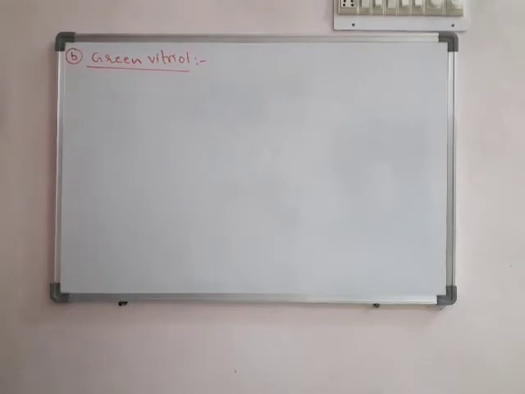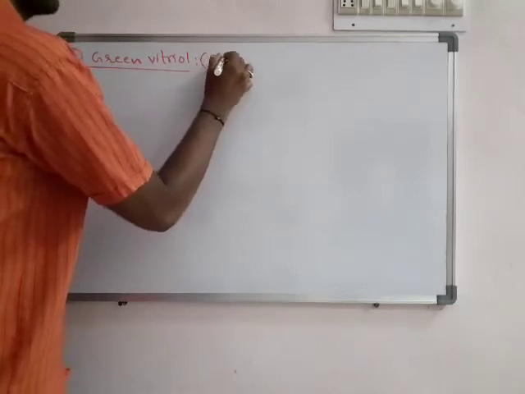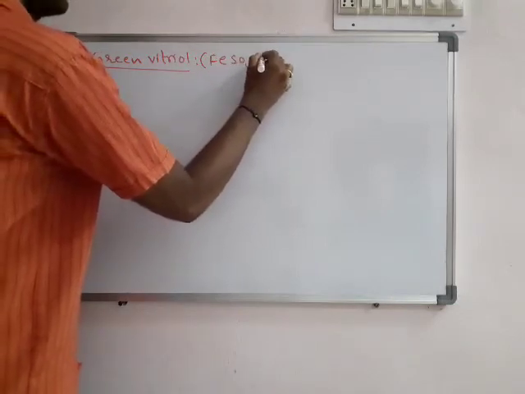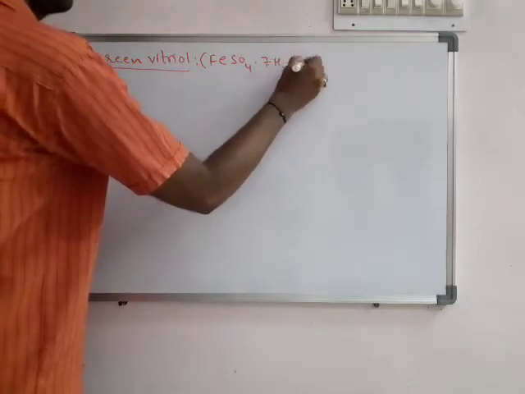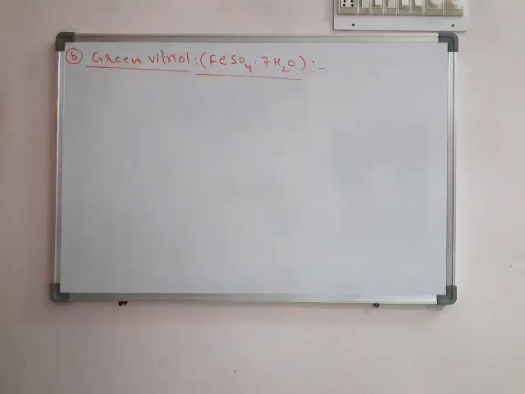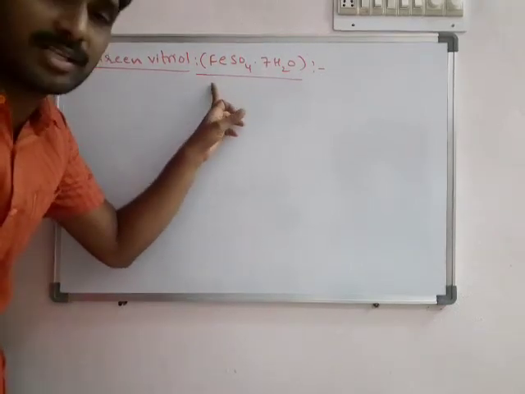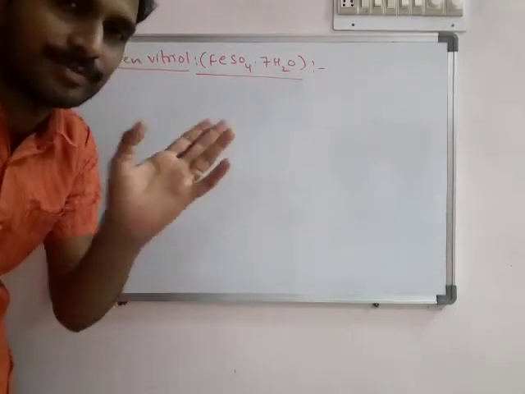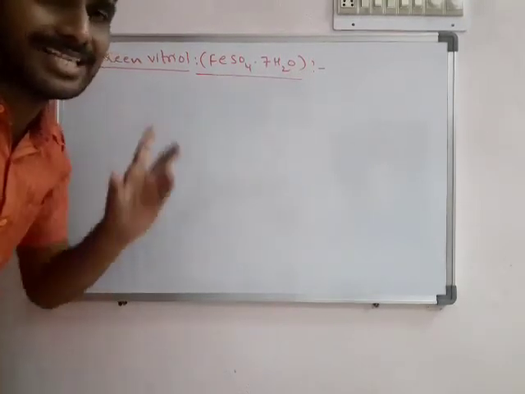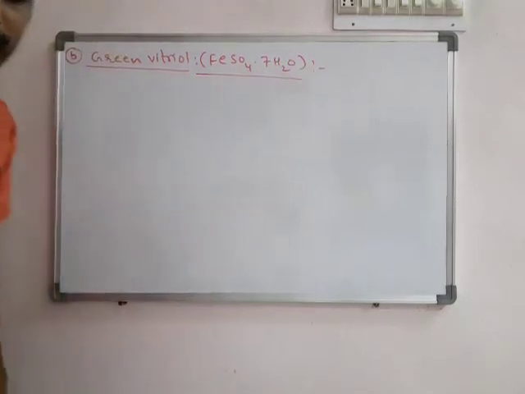It is ferrous sulfate, FeSO4.7H2O. This is called green vitriol, the color of ferrous sulfate. The heptahydrated ferrous sulfate salt color is a light green color, not dark green, just very light green. That's why it is called green vitriol.